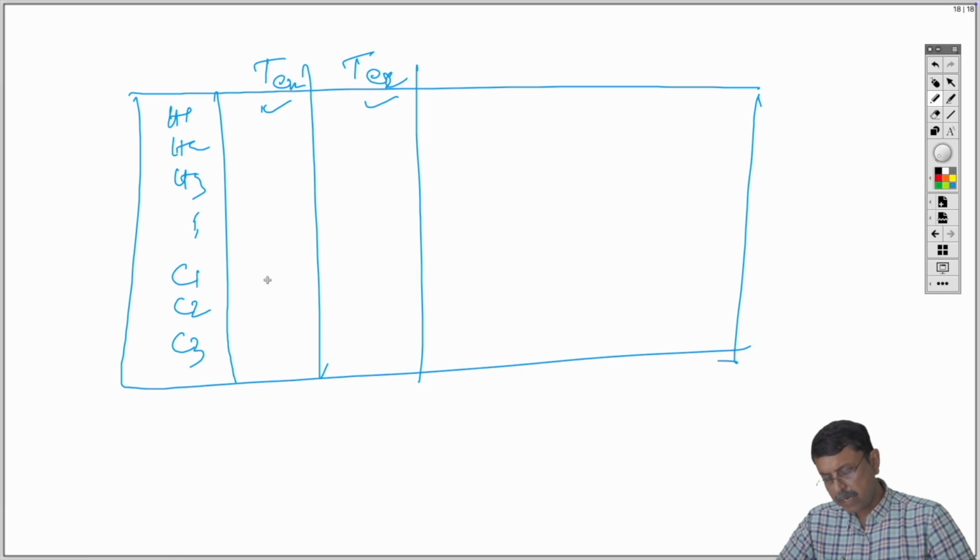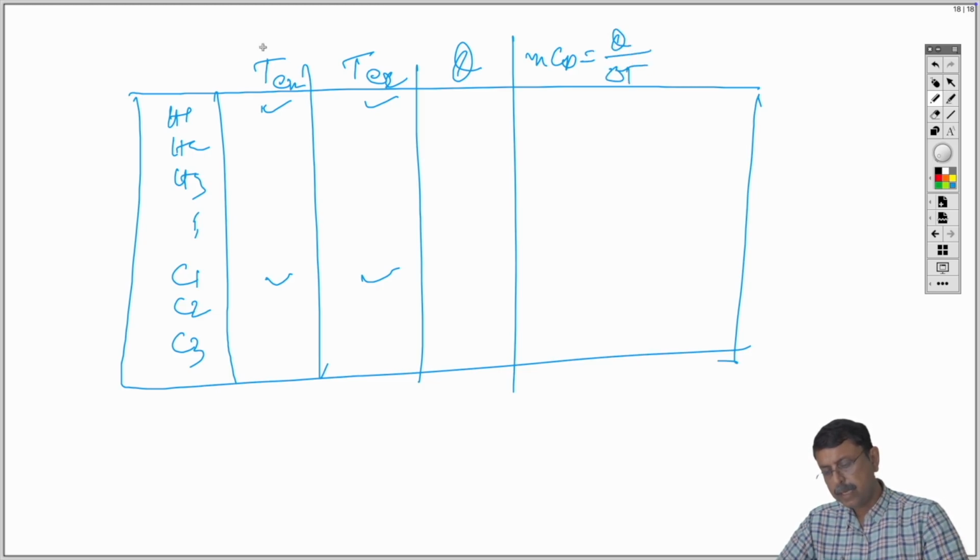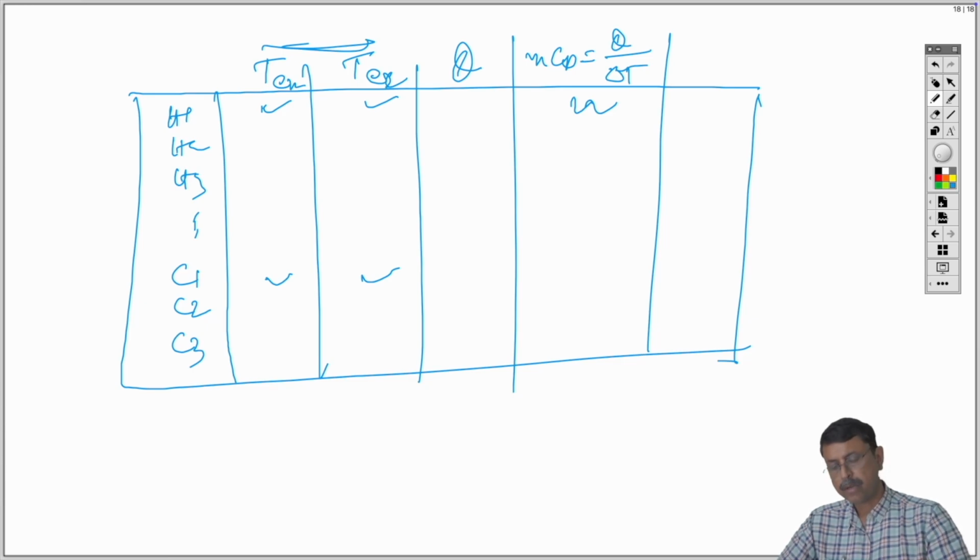For cold stream, entry will be lower and exit will be higher, and there will be the enthalpy that is transferred, the heat released by the hot stream or heat taken up by the cold stream, and from that you can find out MCP. Okay, so MCP is equal to Q by the delta T between these two temperatures. And so this is very important. So you can calculate the MCP for each and every stream like that.